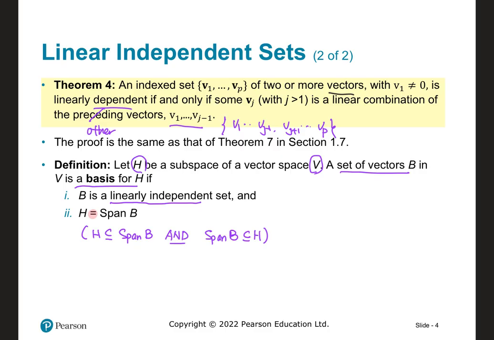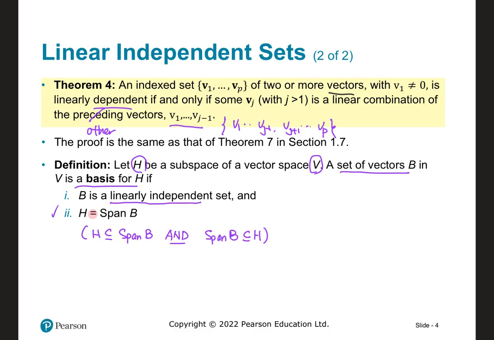Many students do not consider this second requirement as important. But I say B is a basis for H if B is linearly independent and H and span of B are equal.